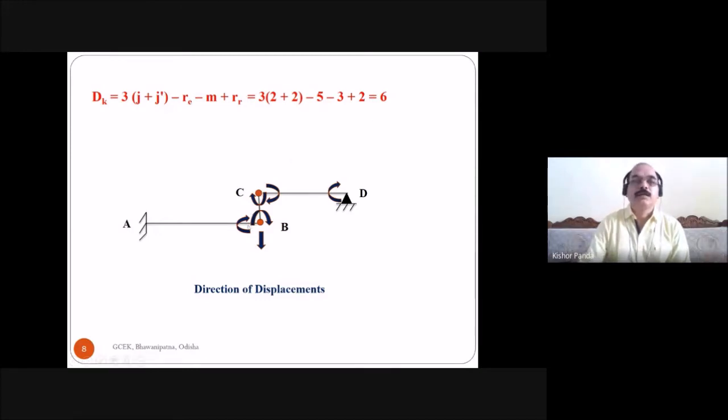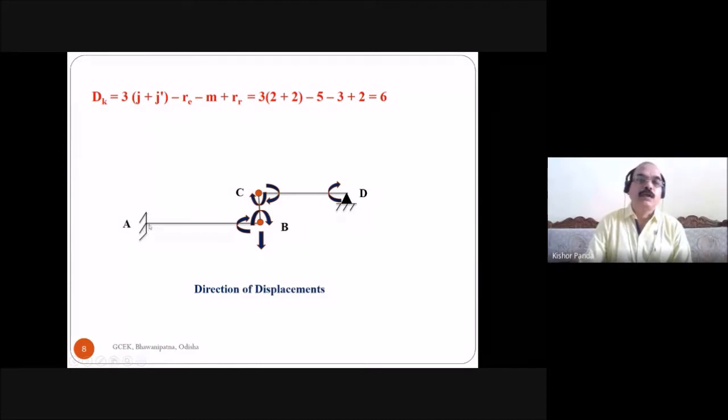Here, this is the direction of the displacement. Here, this is the joint. So there is rotational displacement on this side, and vertical. For this member there is rotational, but what is the vertical here? It is the same; you have to take only one, and here only rotational displacement. There is no vertical displacement here, and here also there is no vertical.